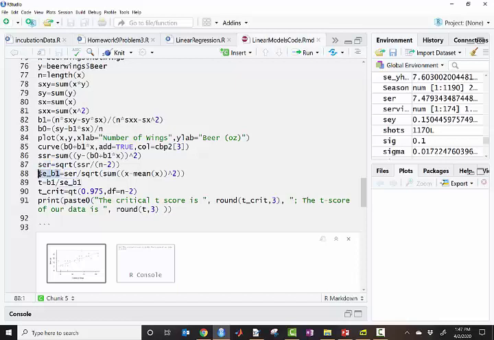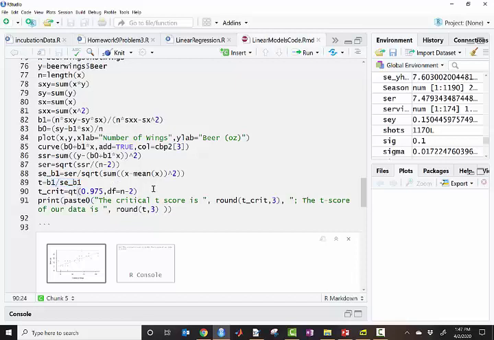Finally, we've got SE of B1, the standard error of beta 1, which we derived should be the standard error of the residuals divided by the square root of the sum of the squared differences between x and their mean. We compute our t-statistic, which is just beta 1 hat over its standard error.